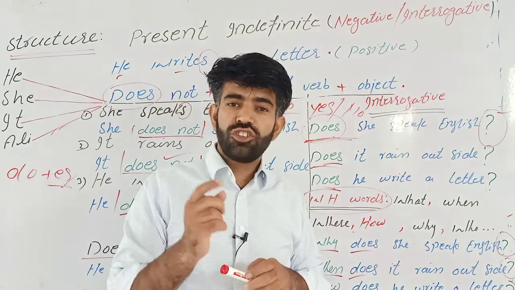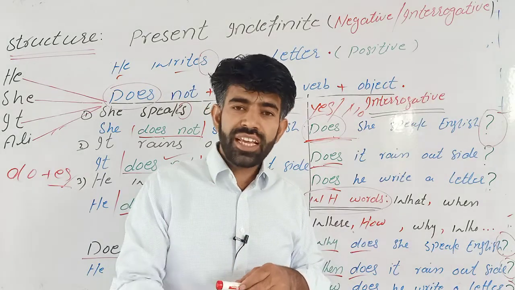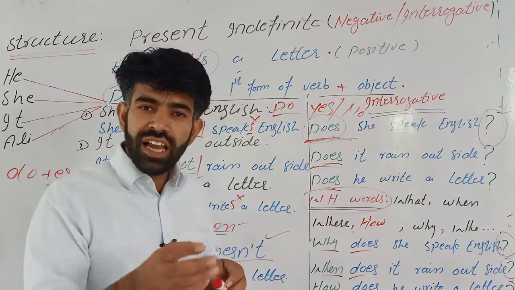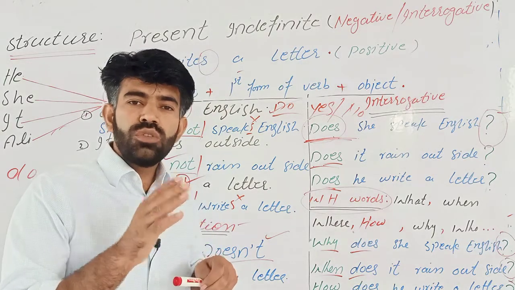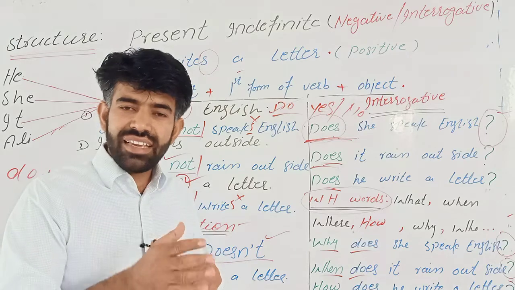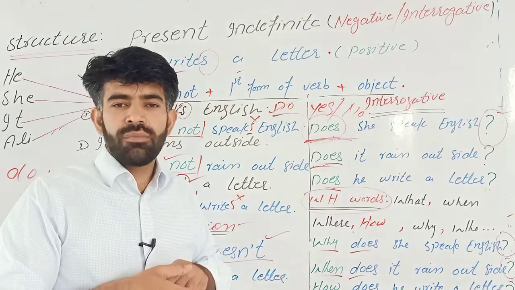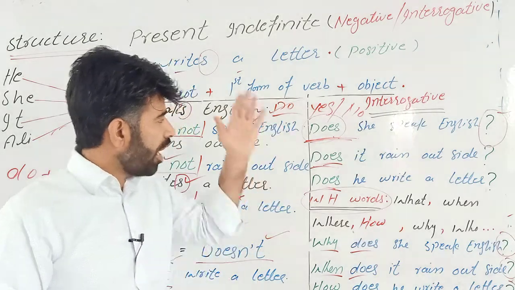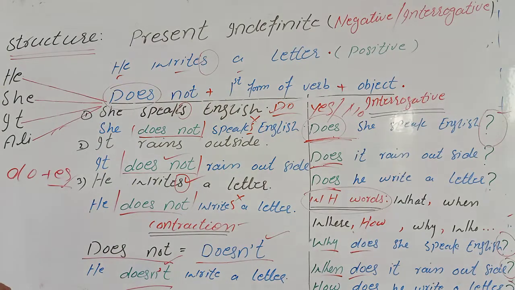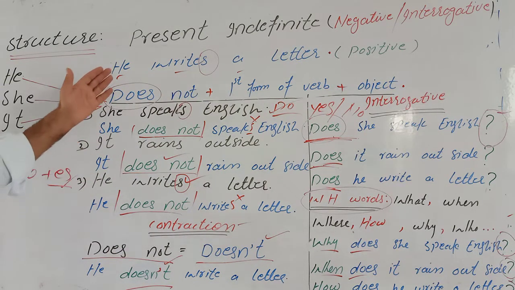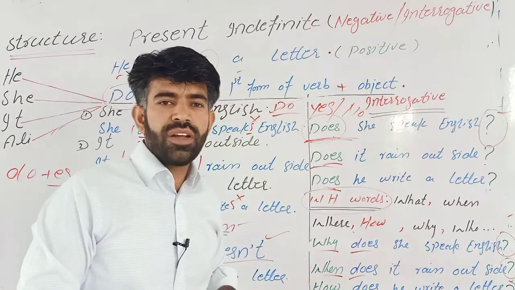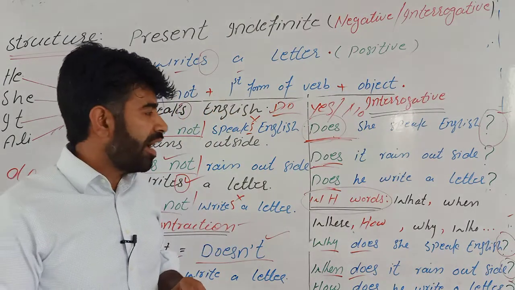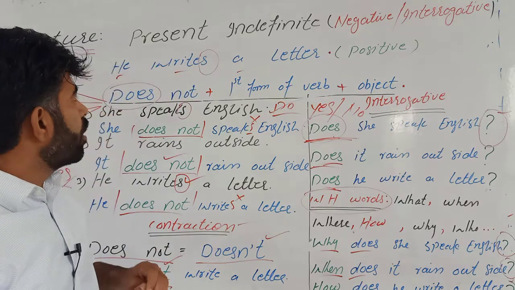Negative, interrogative, negative interrogative, interrogative with helping verb, and interrogative with WH words do not need an s, es or ies at the end of the main verb. I hope you understand how to make negative and interrogative sentences of present indefinite tense.